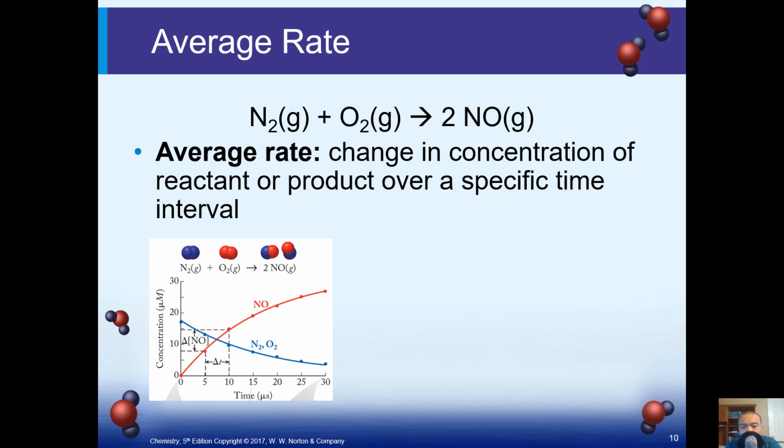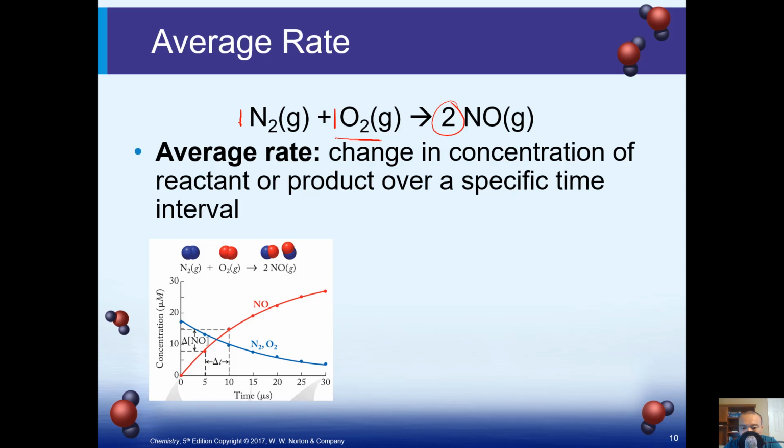Similarly, if we define the rate in terms of change in nitrogen over the same time interval, we calculate a rate of 0.70 molar per second. This is expected because twice as much nitrogen monoxide is produced while 1 molecule of nitrogen or oxygen is consumed.